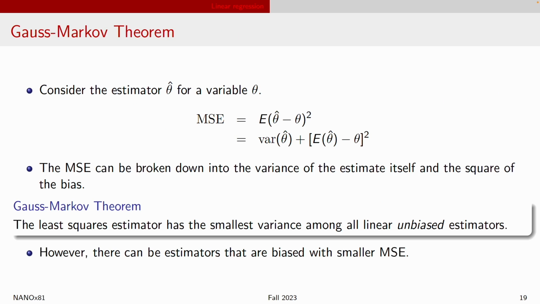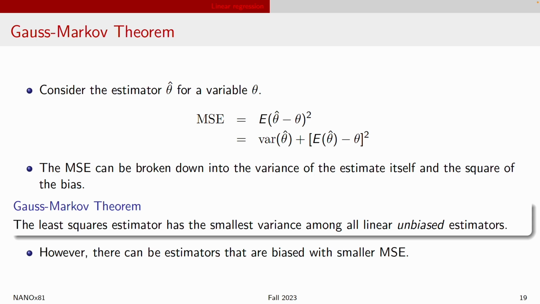Now, there's something called the Gauss-Markov theorem. If we look at the mean square error of an estimator theta, it is given by the expectation of the estimator minus the variable itself, squared. If you expand this out, you will find that you can write it as the variance of the estimator itself plus the square of the expected value of the estimator minus the variable itself, right? This is quite easily demonstrated.